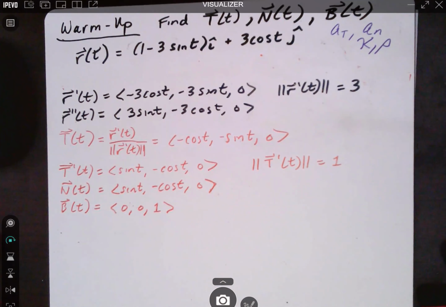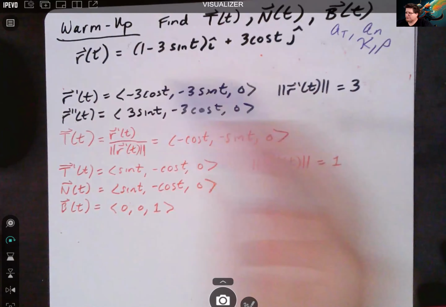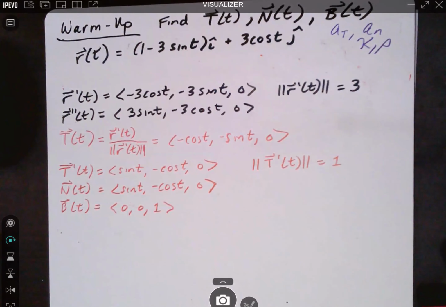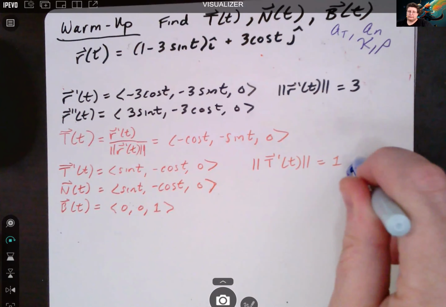Shouldn't the T vector be all over 3? Is the magnitude of r prime? Yeah, but r prime has 3s in it, so it's going to cancel out those 3s right there. Oh, okay. I was just simplifying. I think we accidentally wrote the same thing. These are identical. T prime and N of t are the same because the magnitude of T prime is 1.